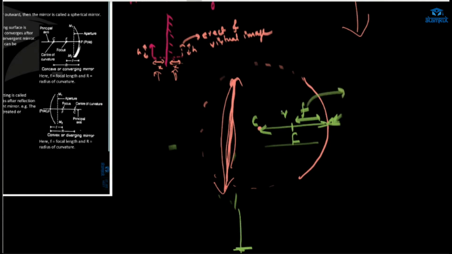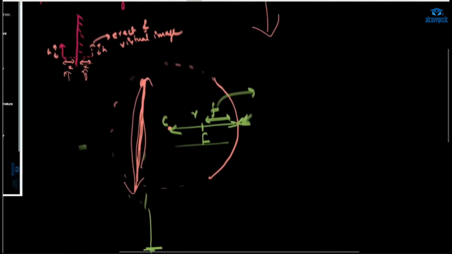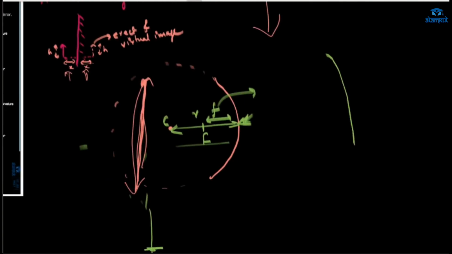So this will have a certain focal length, or even this will. This might be a part of a very big circle, and it might have a larger radius and also a larger focal length.